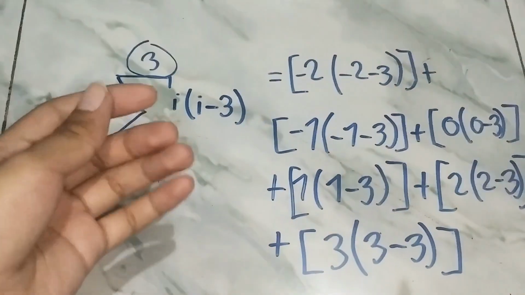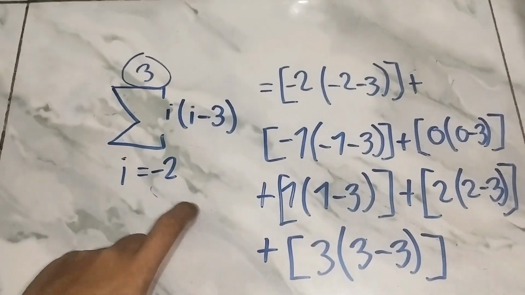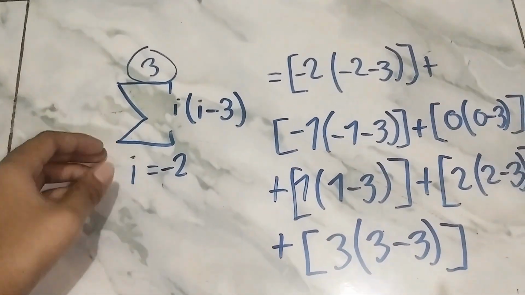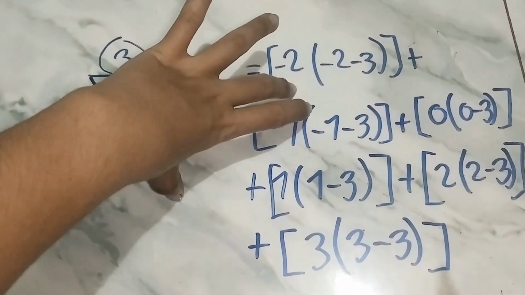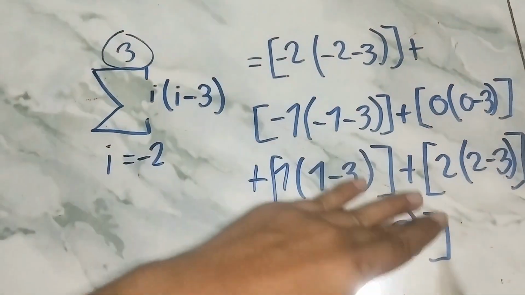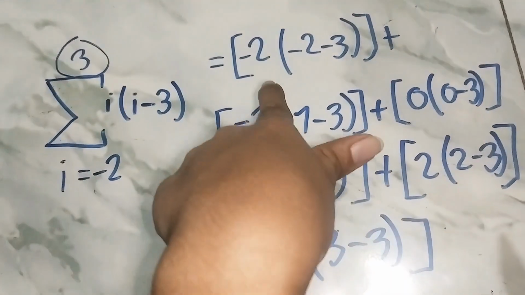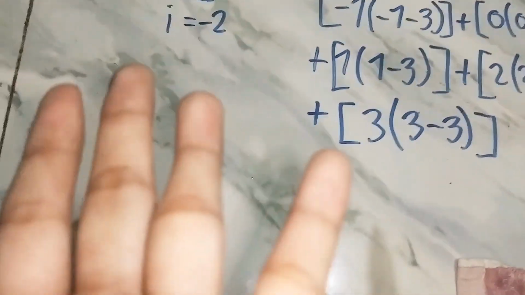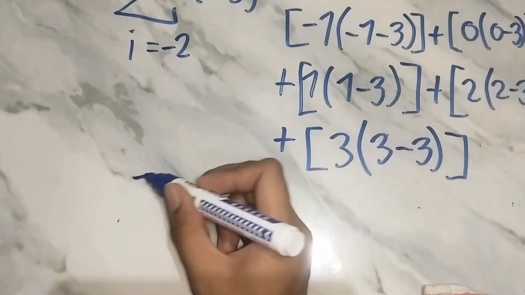This is how it differs from the other ones. Since they've given us the start as negative, we'll start at negative. And also they've given us a positive number, so we'll slowly go up until we get to it. So -2, -1, and then we have 0, 1, 2, and 3. Get it? So now let's solve it.